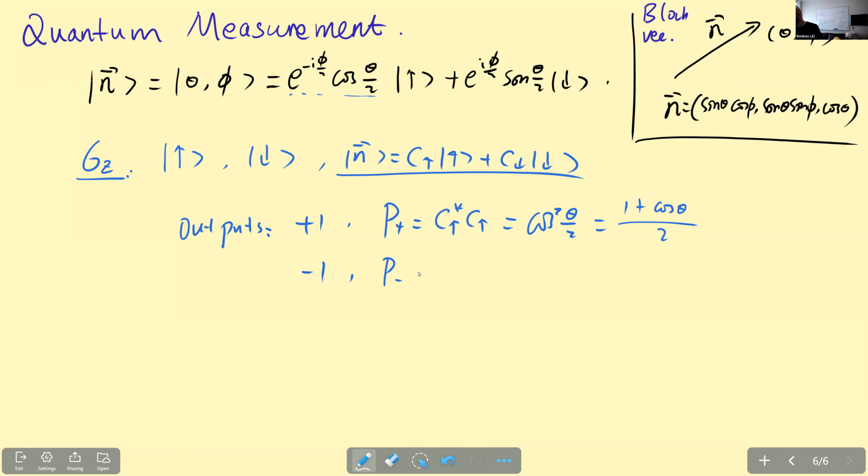And the other one, of course, is c down modulus squared. That's sine squared theta over 2, which is just (1 minus cosine theta) over 2. So you can see that p plus plus p minus is equal to 1.